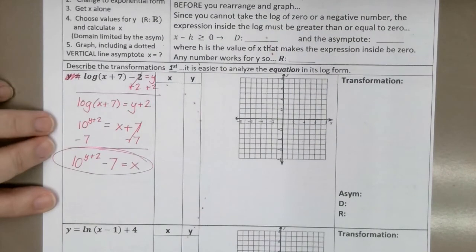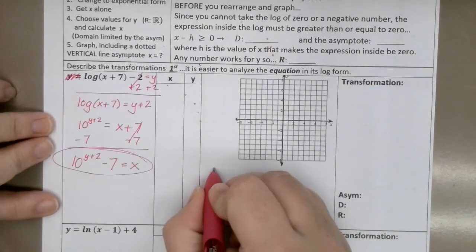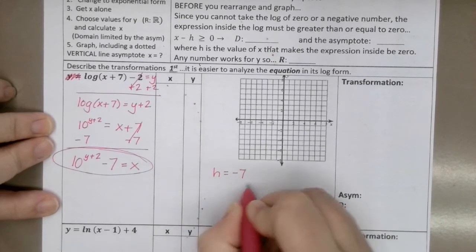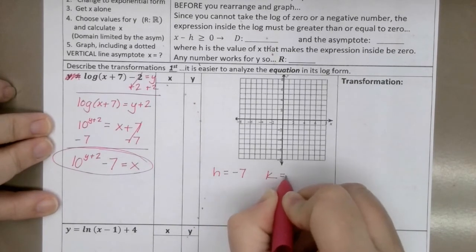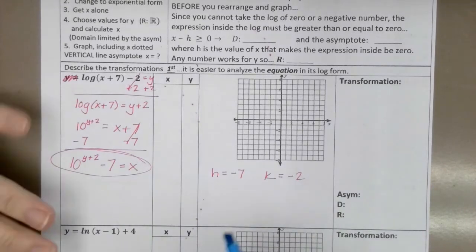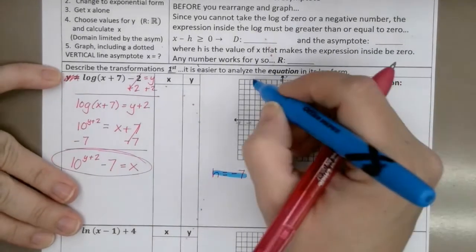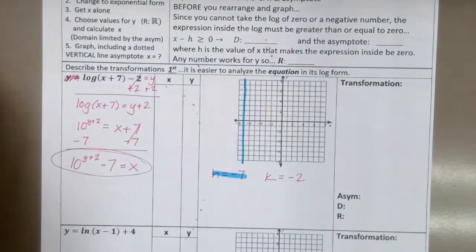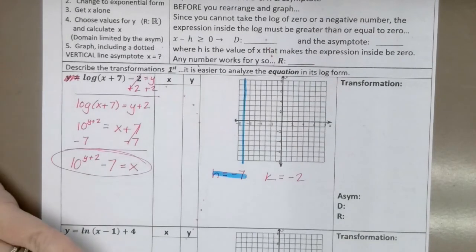Yeah? Okay. What is h in this problem? -7. What is k? Which one is my asymptote? H is my asymptote. So -7 all the way back there is my asymptote. And what does k tell me?